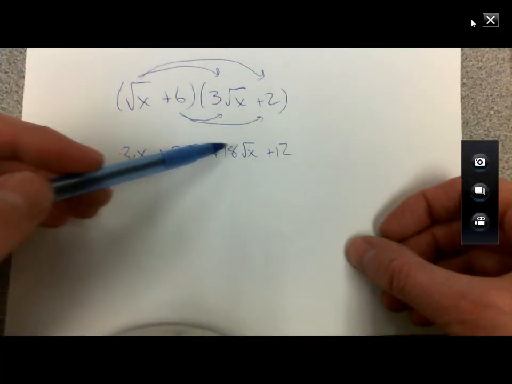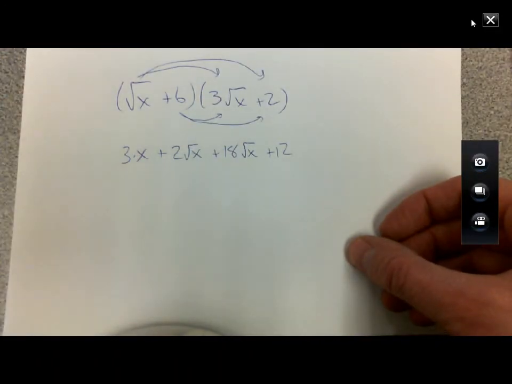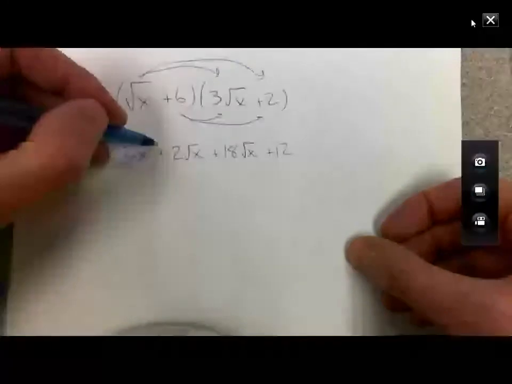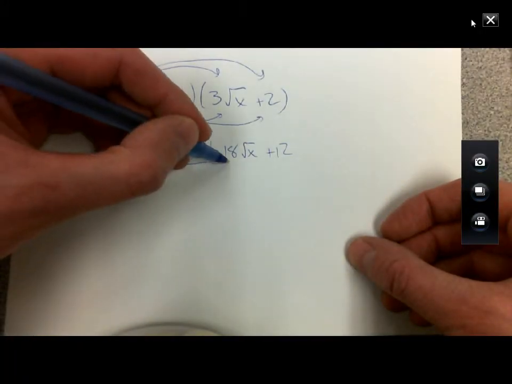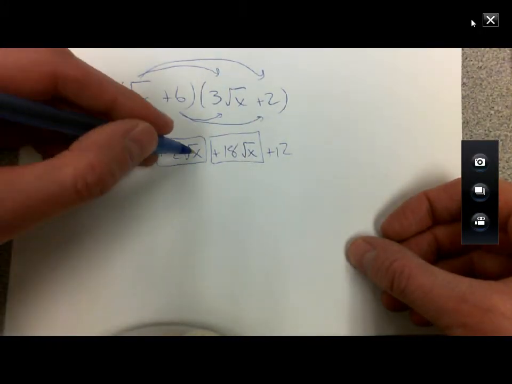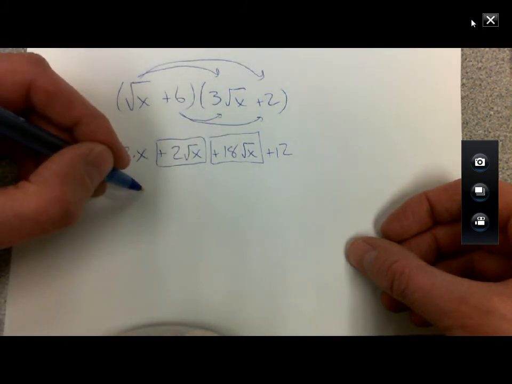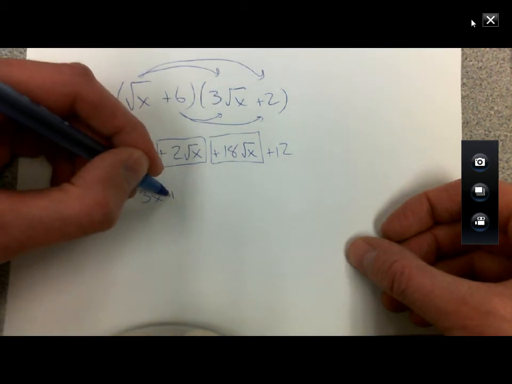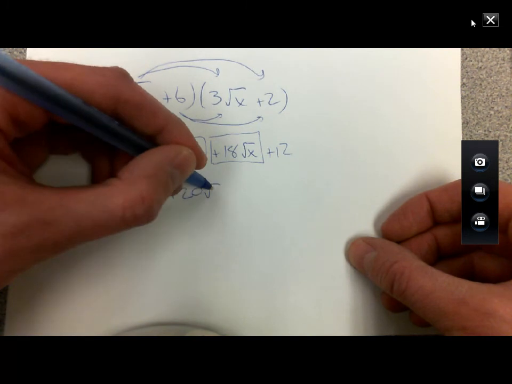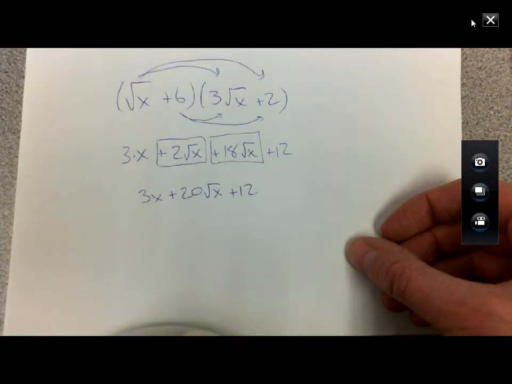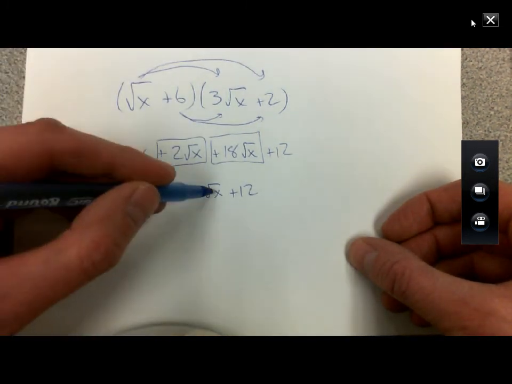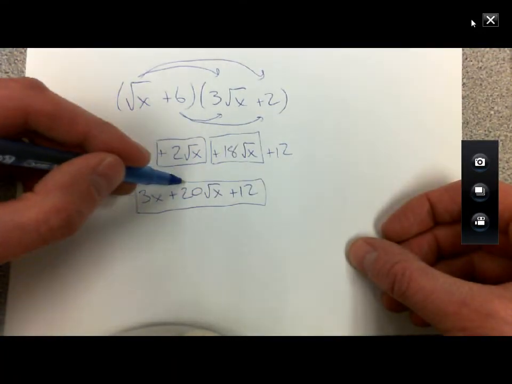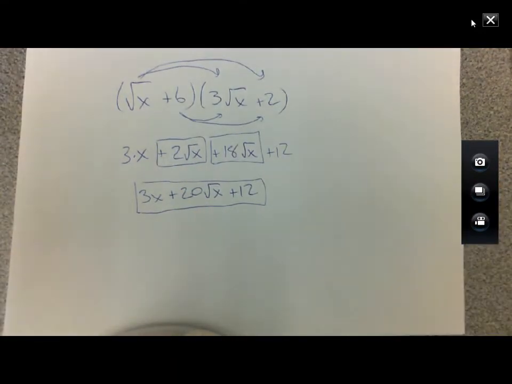The square root of x and the square root of x are the same, so we don't need to worry about rationalizing anything. We can combine the 2 root x plus 18 root x to get 3x plus 20 root x plus 12. These are different. That's it. That's our solution.